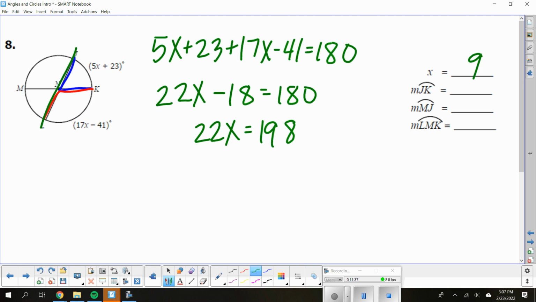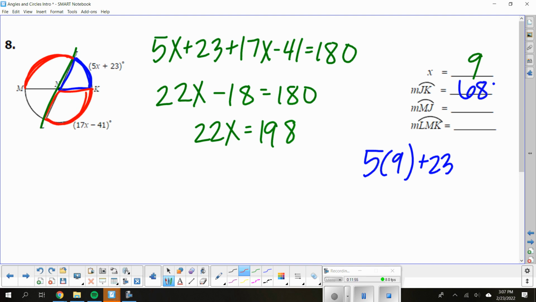So J to K, that goes with my blue one. So that's 5 times 9 plus 23. That's 68. M to J, that goes over here, which also corresponds to this red. Those are vertical. So 17 times 9 minus 41, which is 112 degrees.